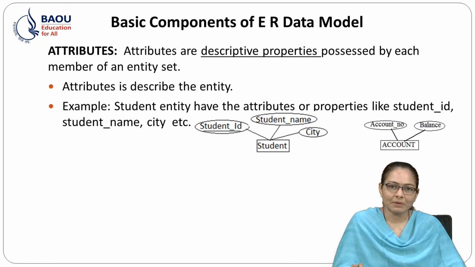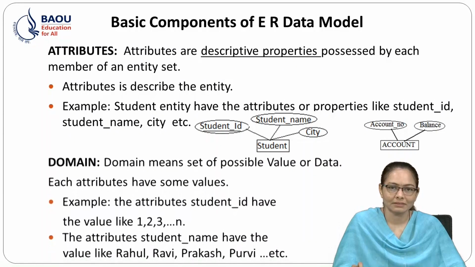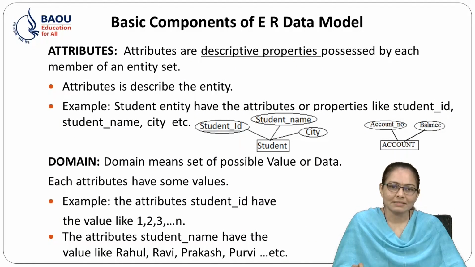Another example is the account entity. Account is an entity and account number and balance are the attributes used to describe the entity set. An attribute is a column name or a field name in a relational data model. Now what is a domain?